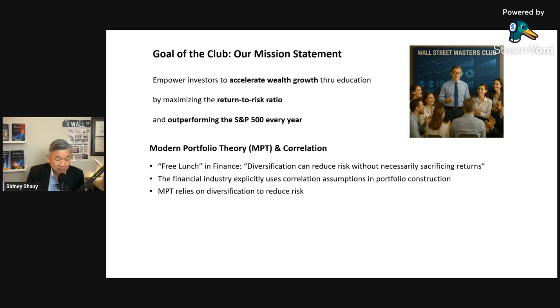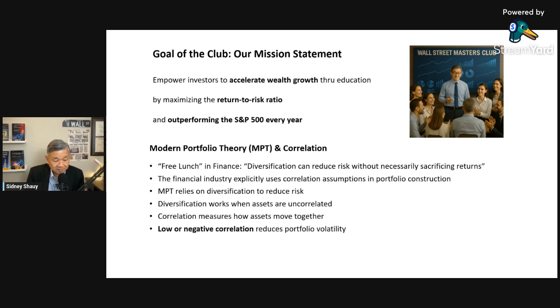The central tenet of modern portfolio theory is centered on diversification to reduce risk. It works when assets are uncorrelated or the correlation is negative. Correlation, for those who might not know, measures how assets move together.